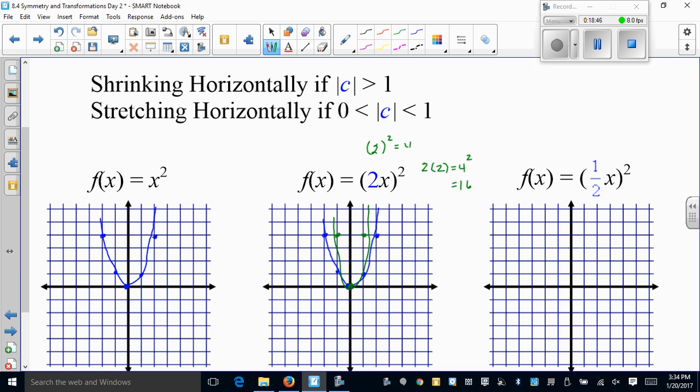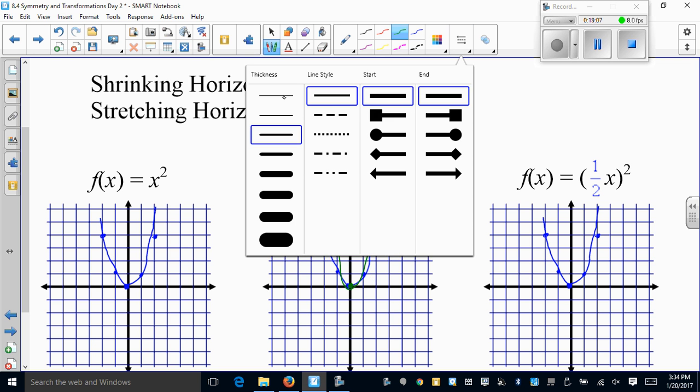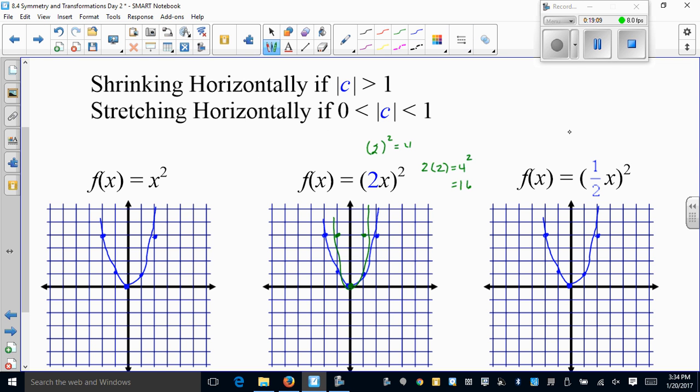And then the same with this one. I'm going to use even numbers so I have nice perfect numbers. But let me first grab this guy, and go back to my green pen. Now, 1/2 times 0 is still 0. There you go.